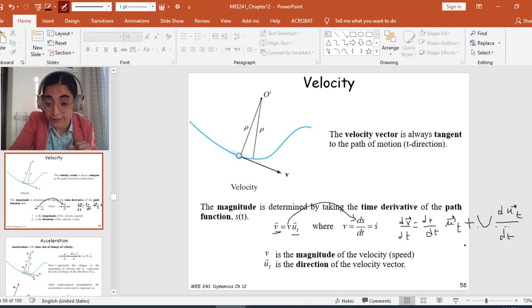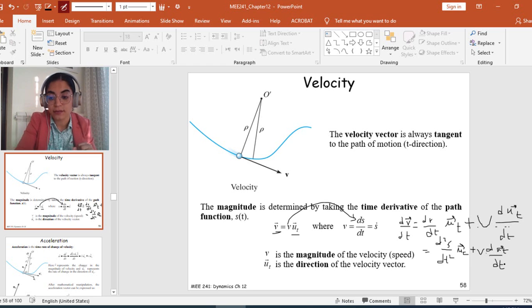And this is what I did here. Now dv over dt will of course be d squared s over dt squared ut plus v times dut over dt, which I have to find the value of.